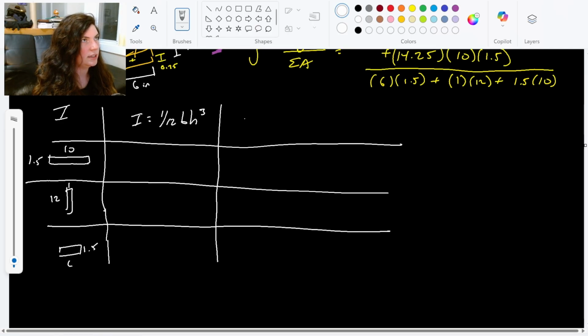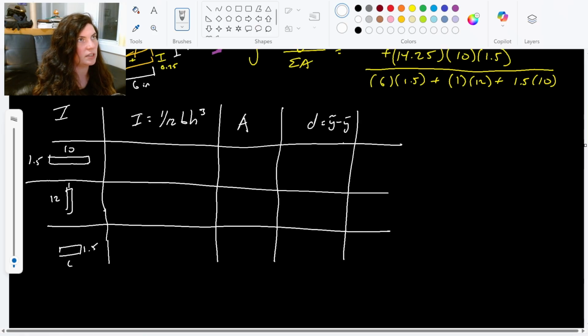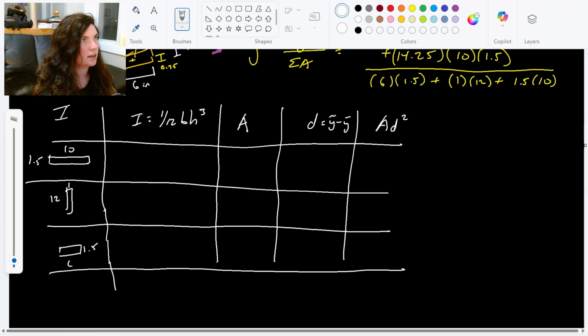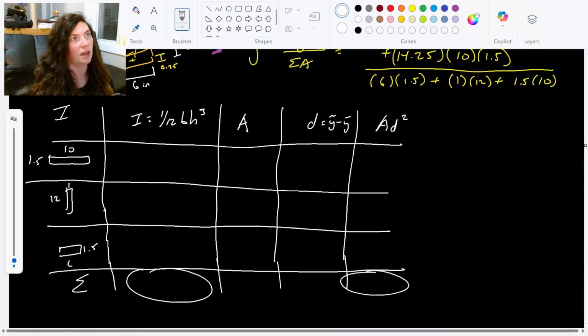I like to put the area, and d is y tilde minus y bar, the difference from the centroid of each shape to the overall centroid, and AD squared. Because then I can come to the bottom here, and I can sum my first column and my last column, and that will give me my moment of inertia.